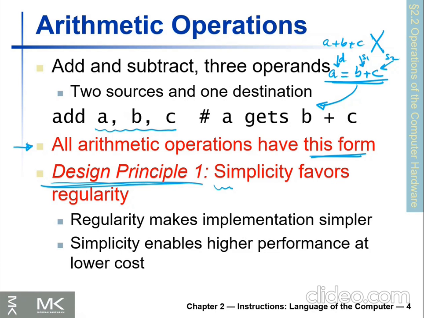So this will complicate your design. But if you have just one form, then in principle you have just one circuit to do this. So regularity makes implementation simpler, as we said.